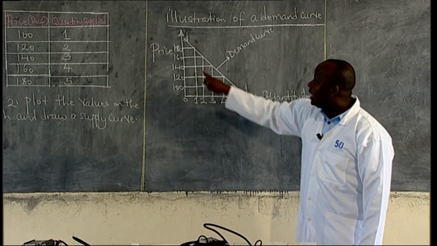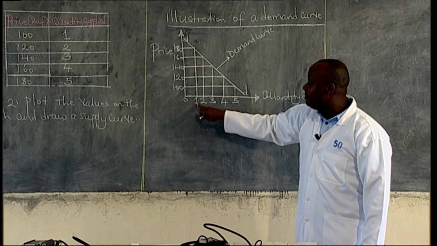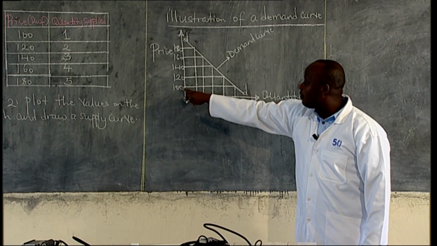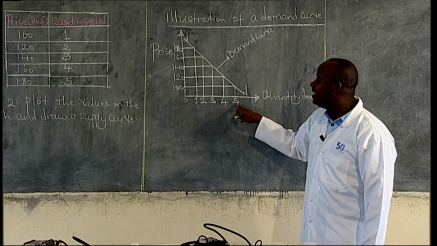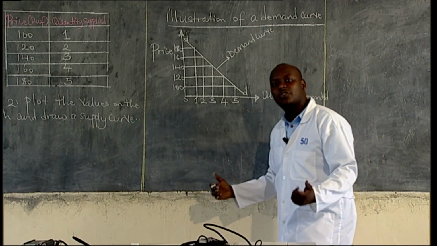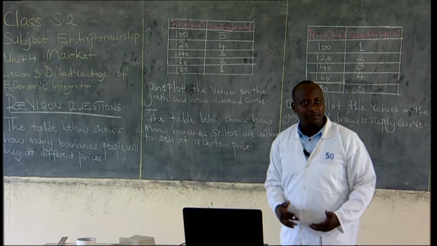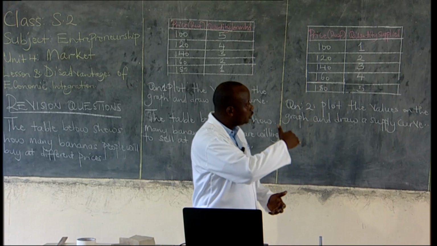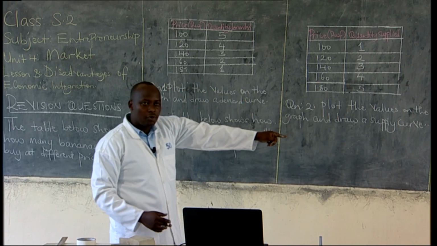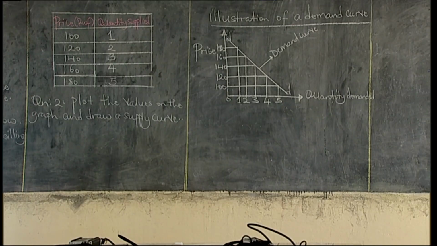That is why at a higher price the quantity demanded is low, and at a lower price, which is 100, the quantity demanded is high. That is how we plot the demand curve, which is sloping downwards and is showing different quantities on the horizontal and different prices on the vertical.